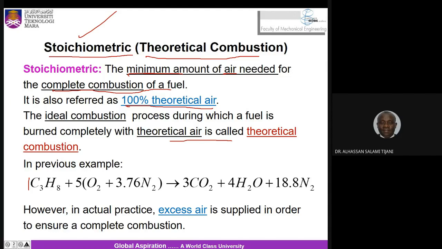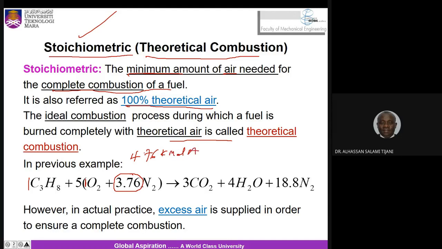So be careful over here. I have told you that for every combustion situation, we have 1 kilomole of oxygen, then we're going to have 3.76 kilomole of nitrogen, and this gives us 4.76 kilomole of what?